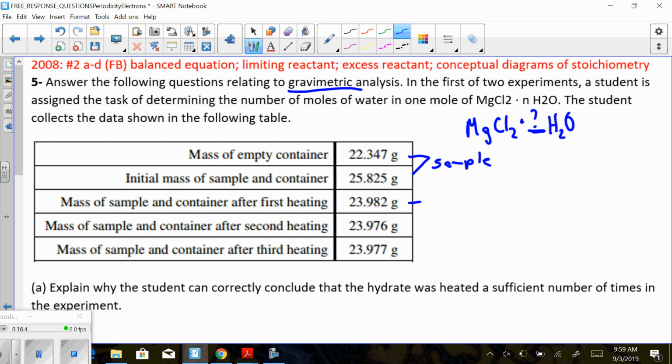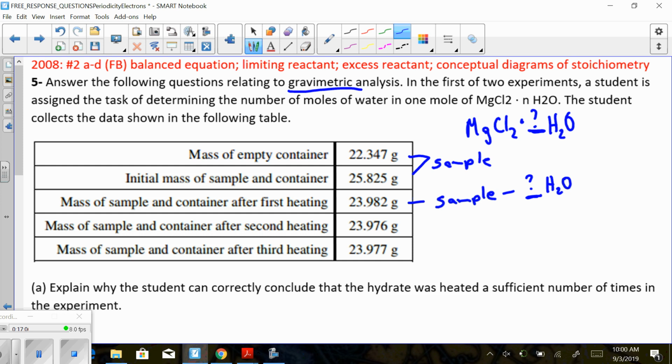If you subtract the empty container, you would get the sample minus these waters of hydration, so minus a certain number of moles of water, depending on the number of moles you have of your sample.